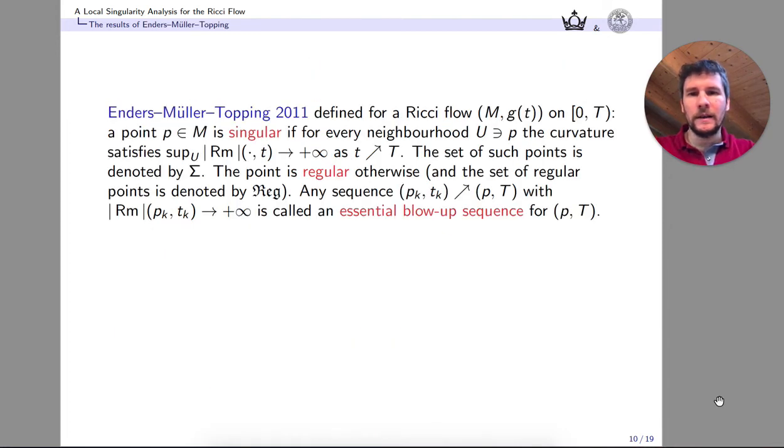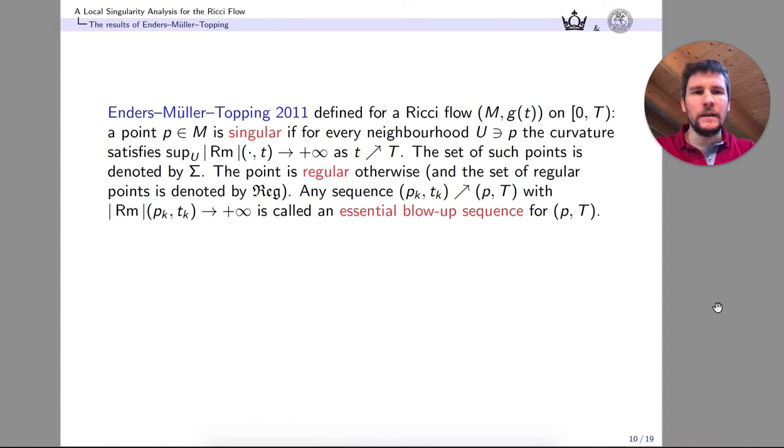Okay, the other result that I wanted to generalize or localize is a result that I proved with Jörg Enders and Peter Topping. So back then my name was still Reto Müller. And it says the following. So we have a point, we call it singular, if for every neighborhood of that point, the Riemann tensor in that neighborhood blows up as we approach the singular time.